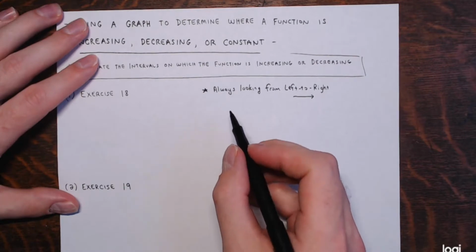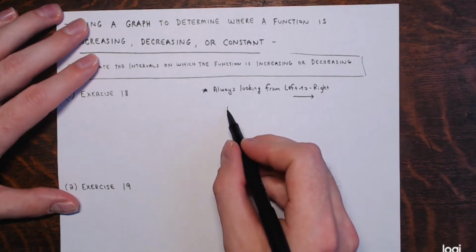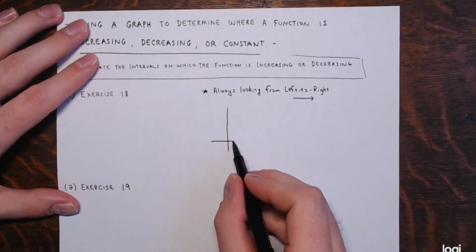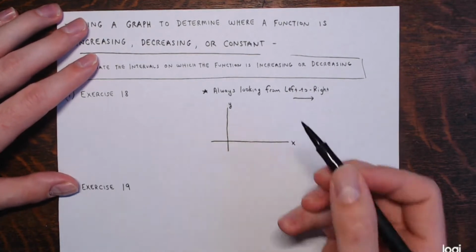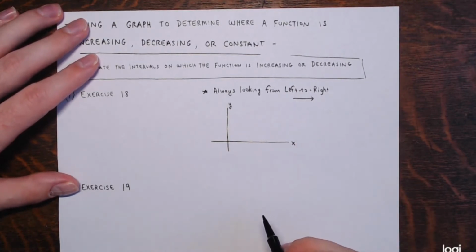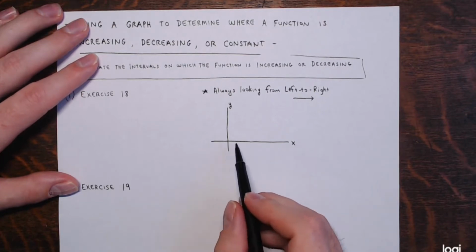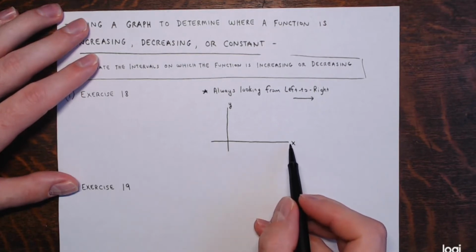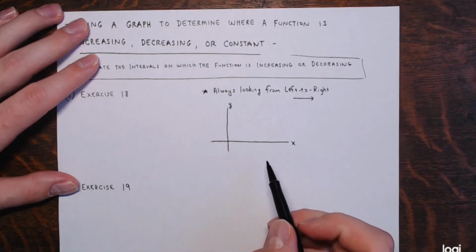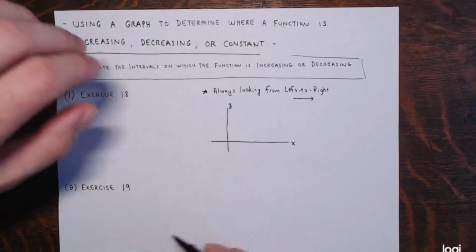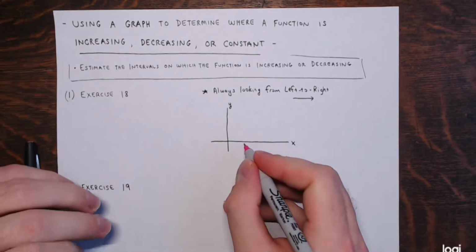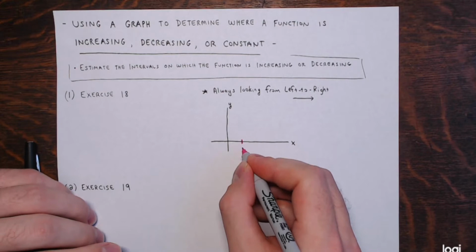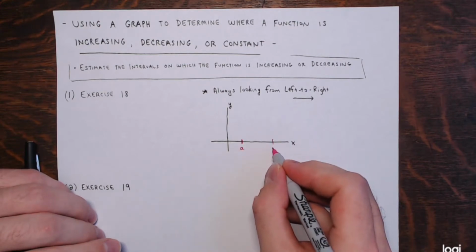Alright, so for example, here's a little tiny drawing of the XY coordinate plane. The inputs are represented by the horizontal axis, the outputs represented by the vertical axis. Now suppose I had this interval here on the x-axis from, say, x equals a to x equals b.